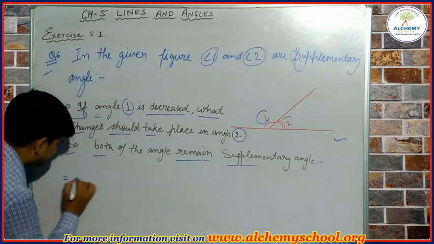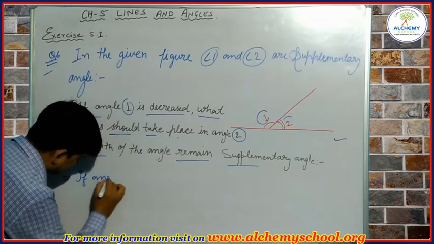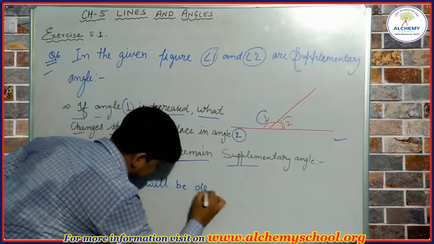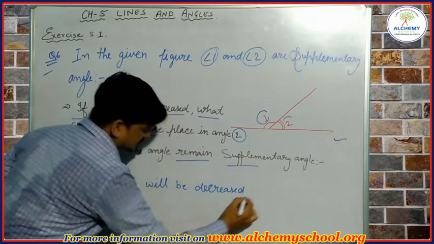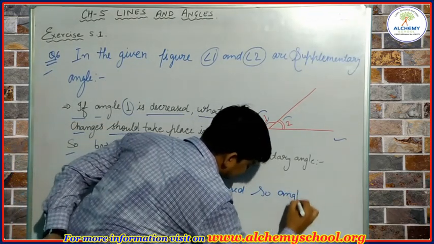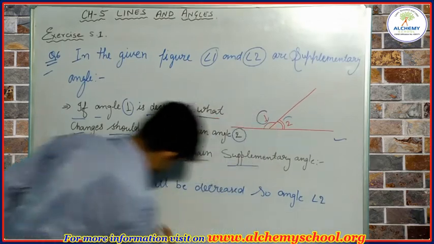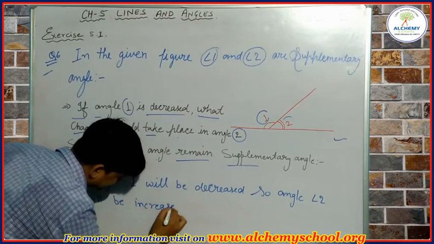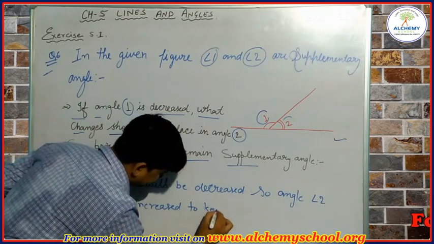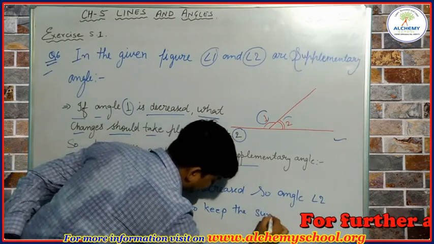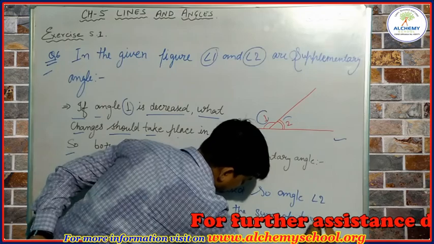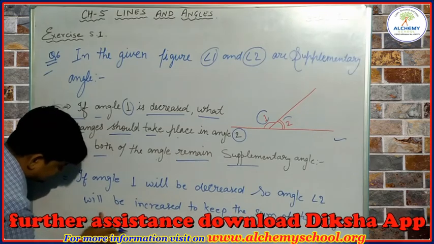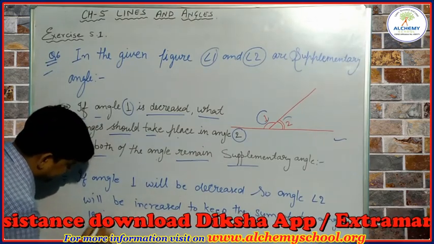Okay, so our answer will be, if angle 1 will be decreased, so angle 2 will be increased to keep the sum of two angles 180 degree.